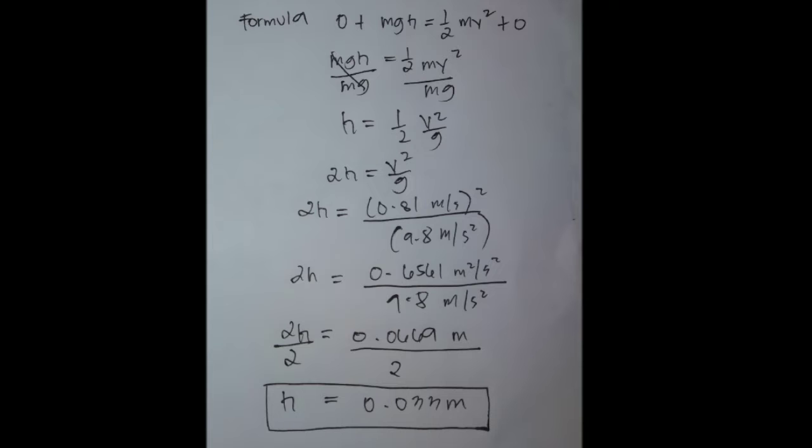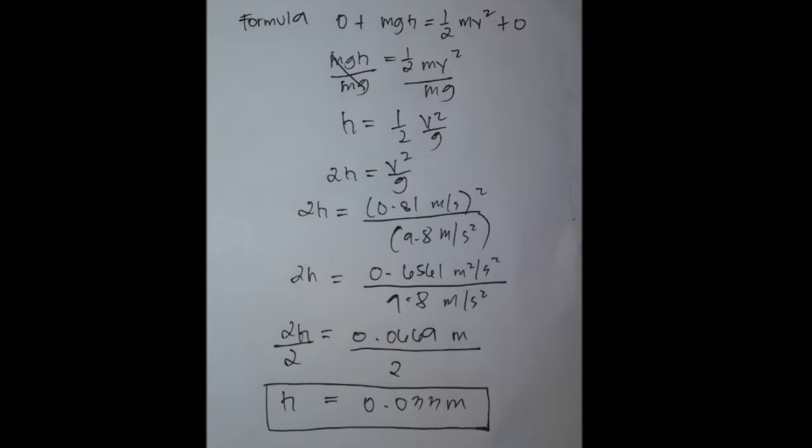So, 2h equals v squared over g. Therefore, substitute the given numbers, where v is equal to 0.81 meter per second and g is 9.8 meter per second squared.